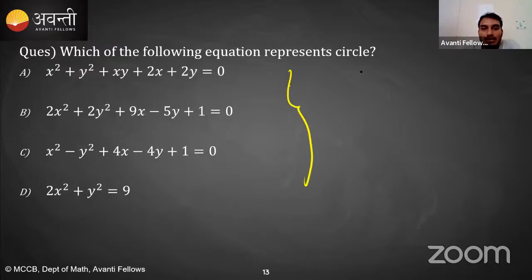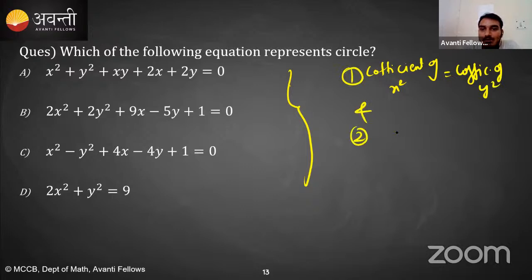What you have to check is that the coefficient of x square should be equal to the coefficient of y square, and the second thing is the coefficient of xy is 0. That's all.